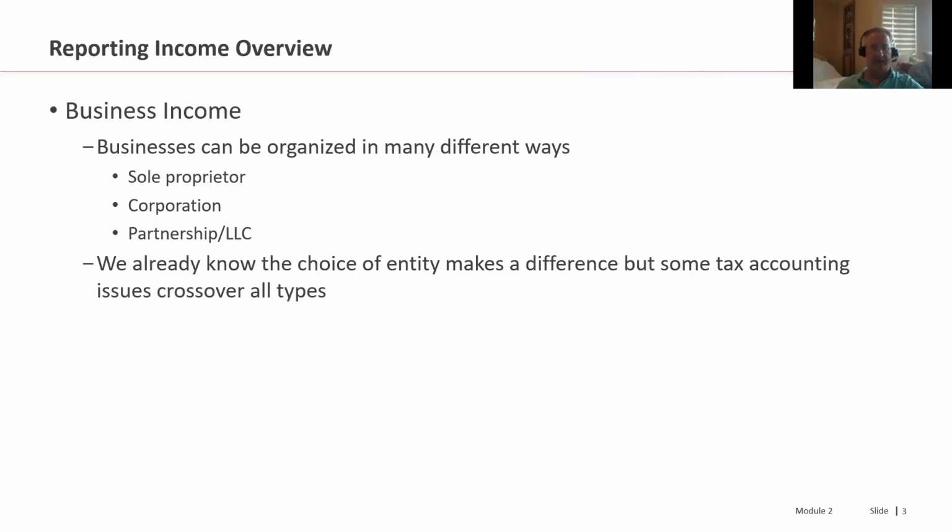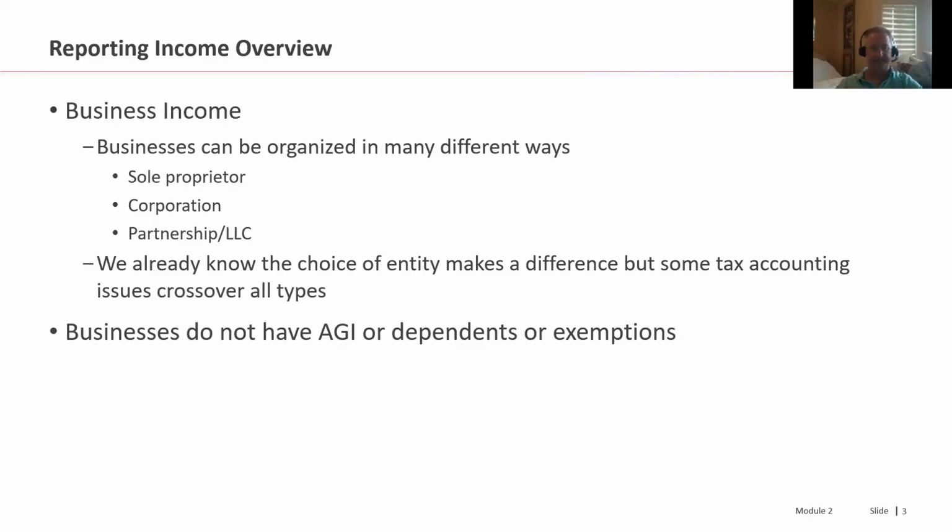And we already know that the choice of entity can make a difference. Under the income shifting model, the choice of entity can make a big difference. And we worked through some corporate versus non-corporate types of business entities. Businesses, we also know, don't have AGI. They don't have dependents. They don't have exemptions. None of those things exist at the business level.